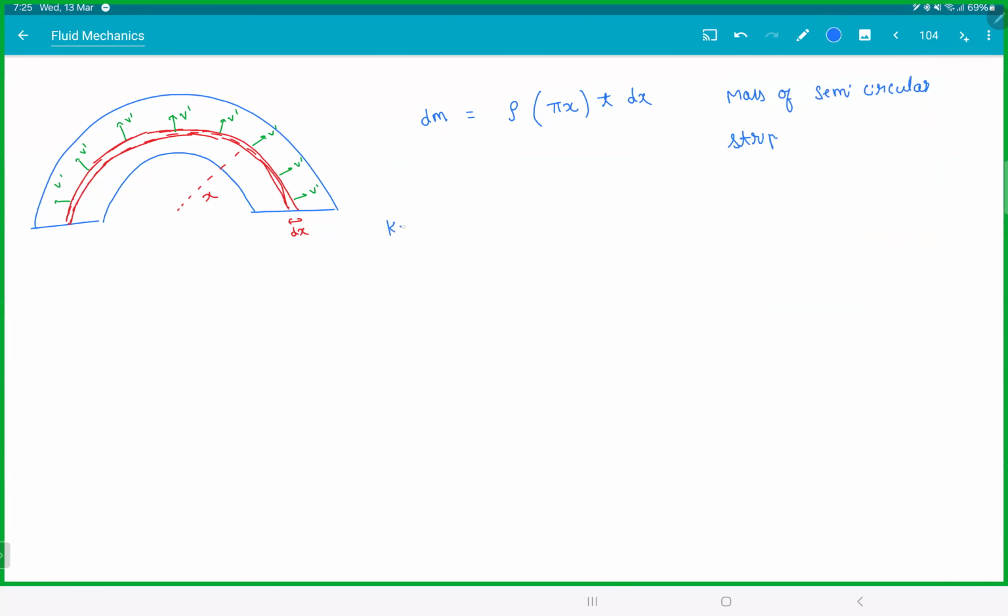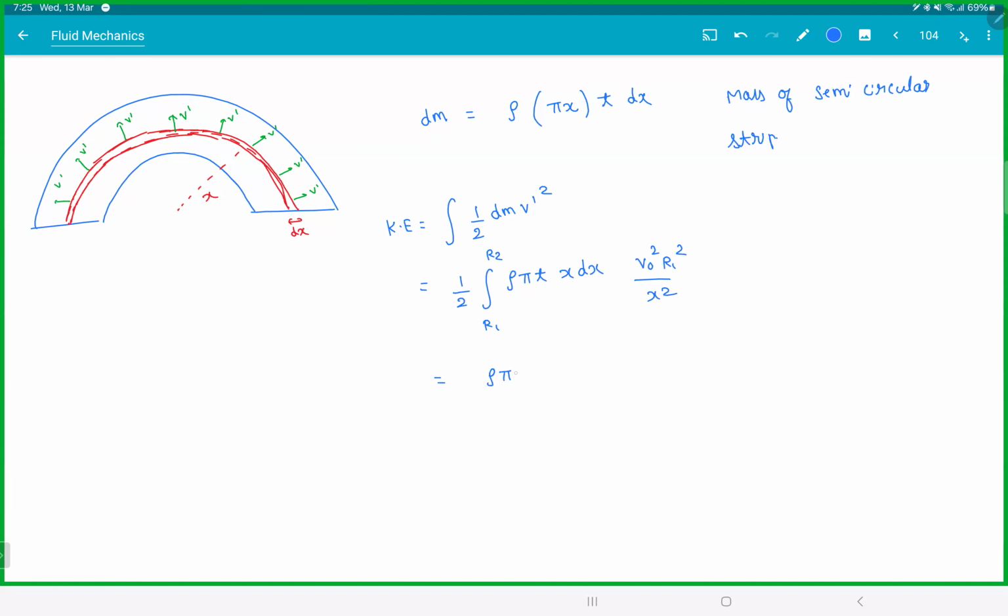So kinetic energy will be integral of half dm v dash square, of rho pi t x dx. V dash square is v naught square r1 square by x square. Limits will go from r1 to r2.